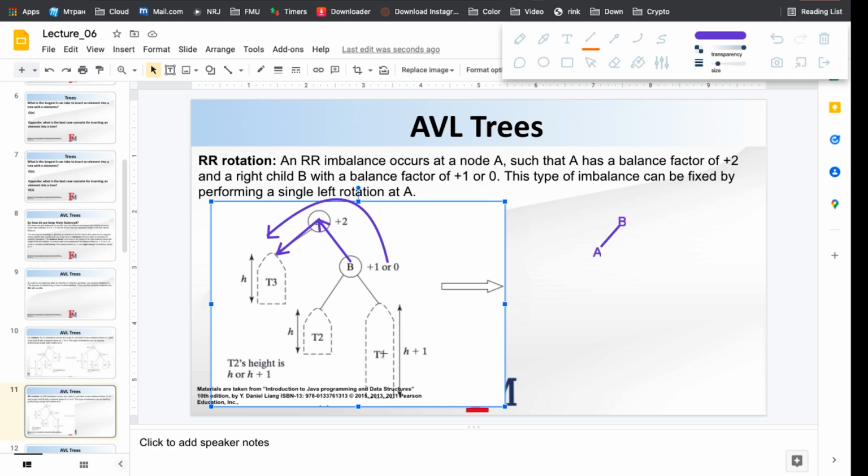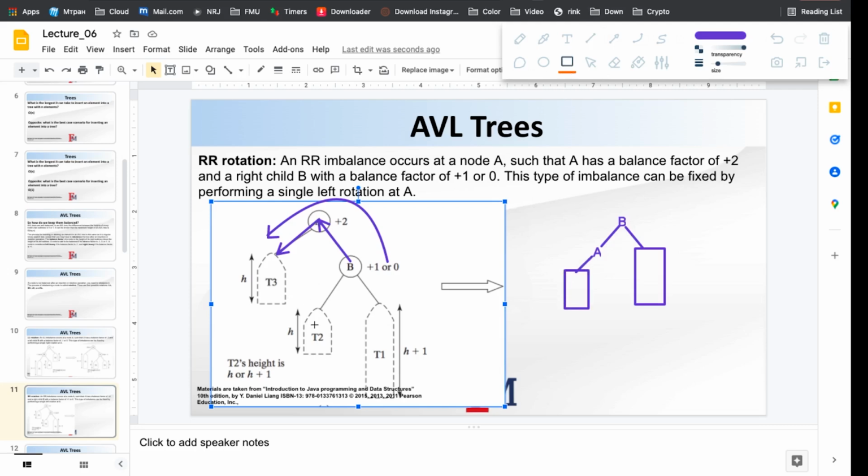T1 has the highest values. It has to be on the right of everything, which means it has to stay on the right from B. So T1 is here. Now T3 has the lowest values of the entire tree, so it has to keep staying on the left from A. So T3 is here.